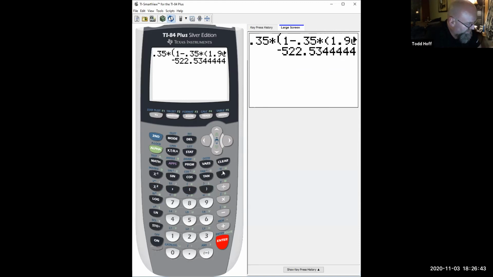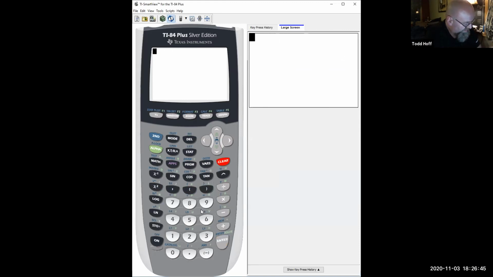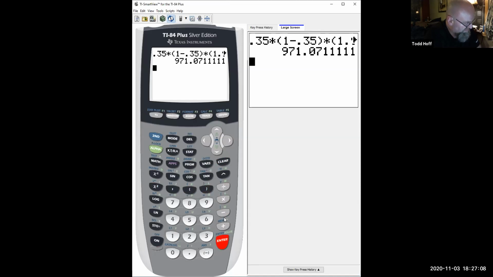Let me clear that out. Oops, I see what happened. 0.35 times 1 minus 0.35 times 1.96 divided by 0.03, close parentheses, and squared. We get 971.07.